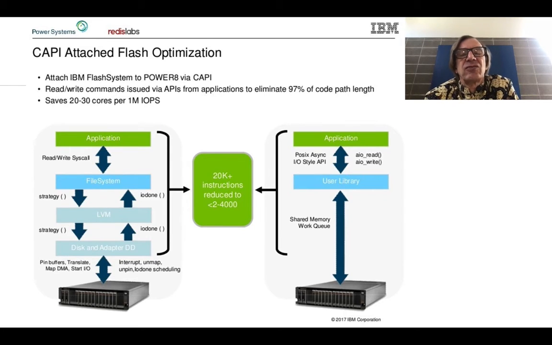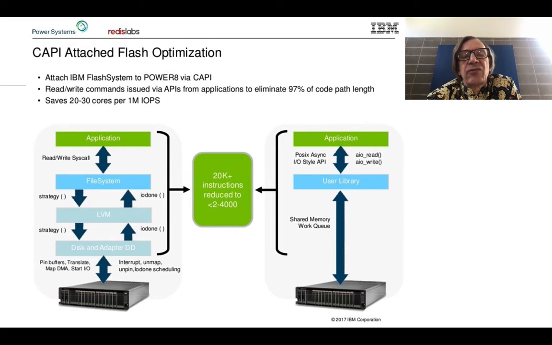And by the way, because the operating system is not involved in the CAPI way of operating things, it's not only the case that your average latency improves. Because there is no OS jitter involved, your worst case latency also vastly improves.